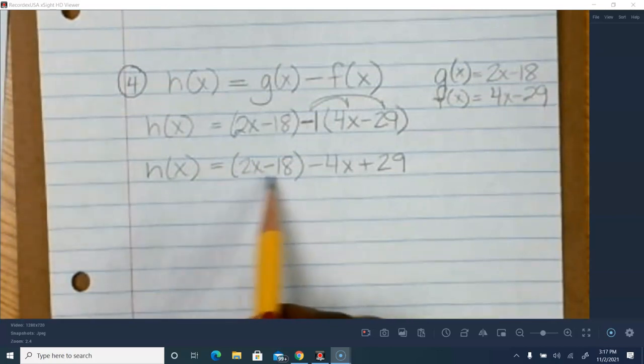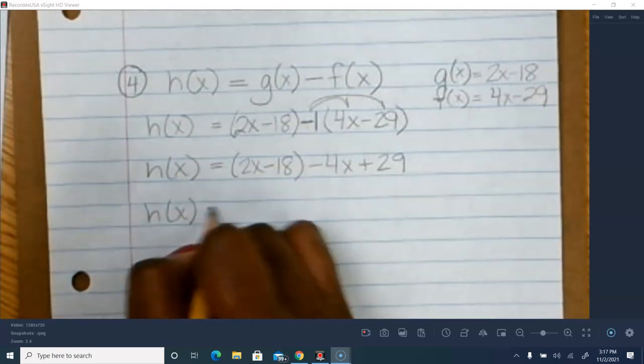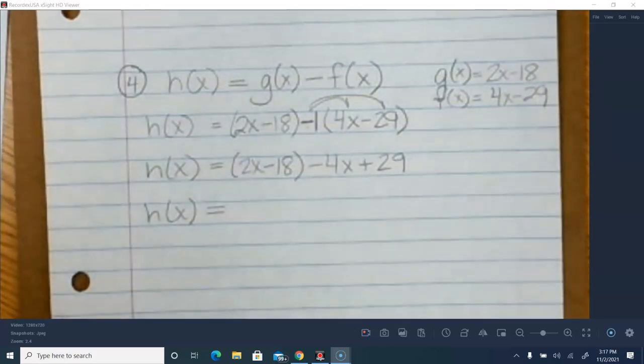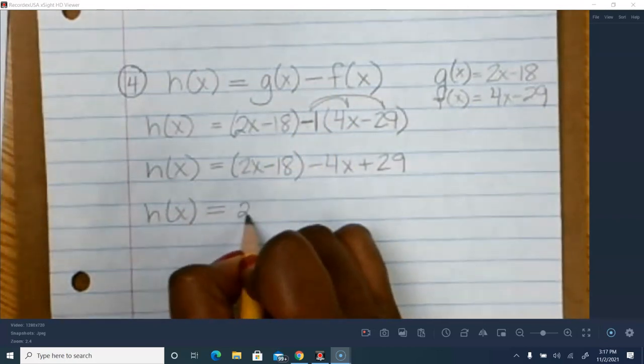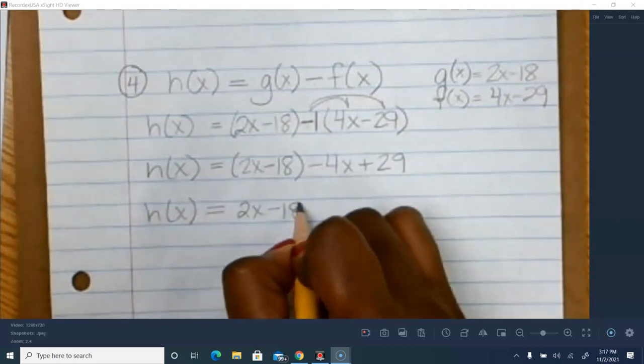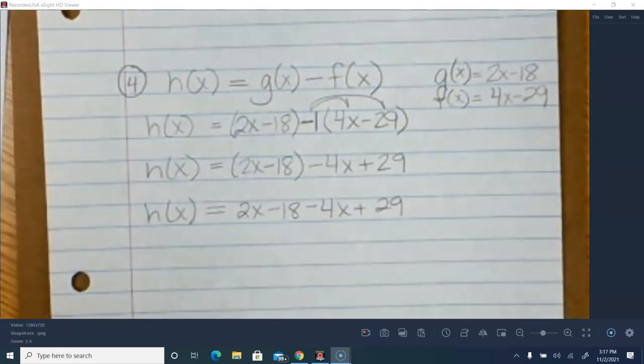Now I can't do anything more with this because it's simplified already, so I'm going to pull that out of the parenthesis. Remember, we're solving for h of x. Our question asks us to find h of x, which is g of x minus f of x, so we're subtracting the two. So I'm going to pull this out: 2x minus 18 minus 4x plus 29.